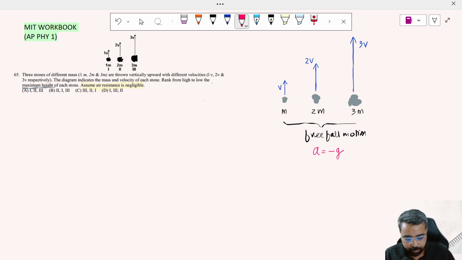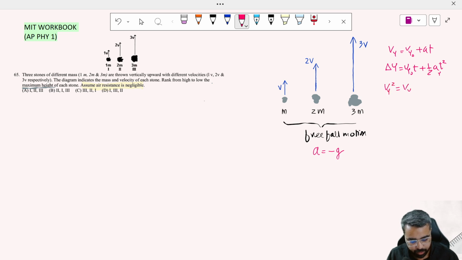If you look at the kinematics equations, the first is Vy equals Vy0 plus at, then the second is displacement equals initial velocity times t plus 1/2 acceleration times t square. Then the third is Vy square equals initial velocity square plus 2 times acceleration times the displacement covered. In all of these equations, we don't see any relation between the quantities and mass.